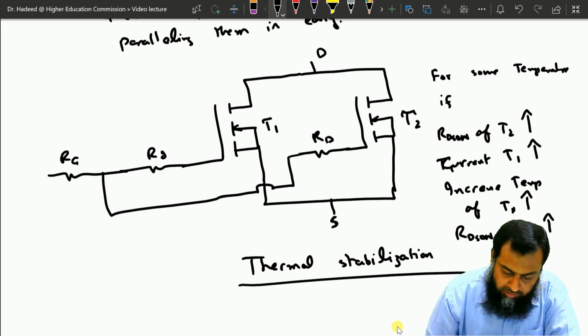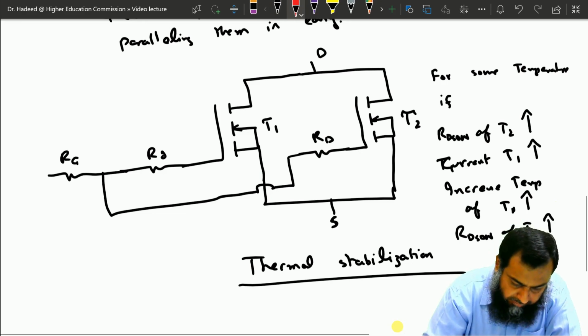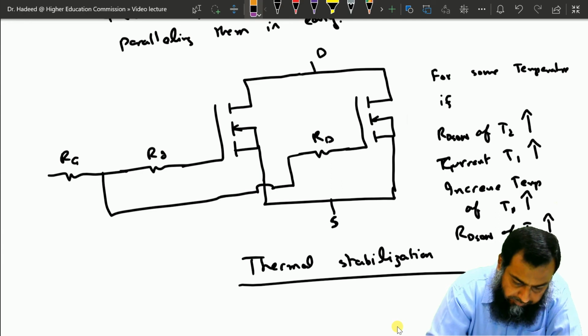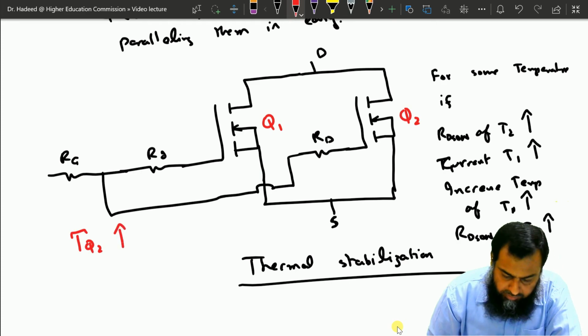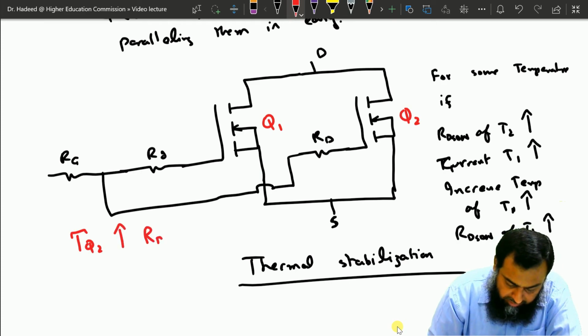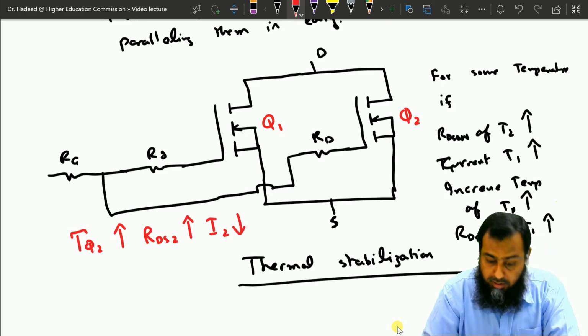Let me revise this again as well. Let us say we call these Q1 and Q2. Let us say that the temperature of Q2 increases. This increase will make RDS2 also increase. Therefore I2 will decrease, because these two devices are connected in parallel.